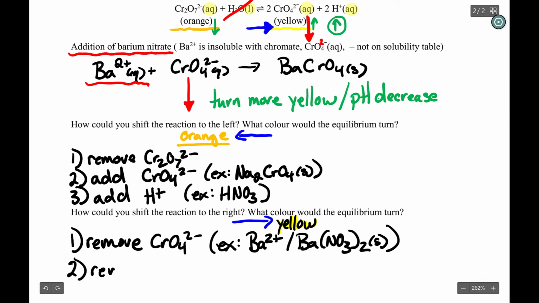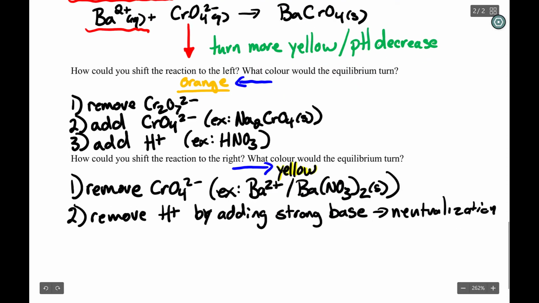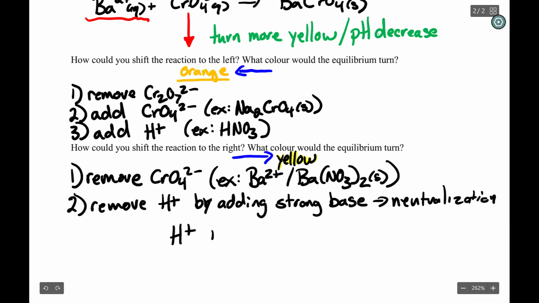2, I could remove the H+ by adding strong base. That would be a neutralization. So what would happen is the H+ would react with the OH-. This would form water.